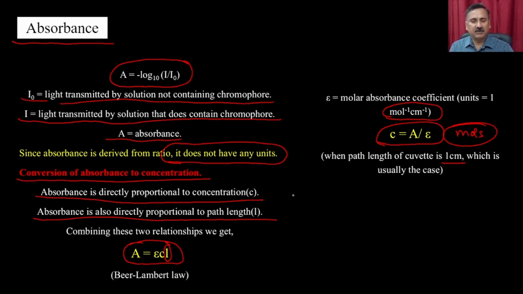There are deviations from the Beer-Lambert law, and we are not going to discuss them here, because there are saturations, and there will be product dimerizations, and fragmentations and all that.